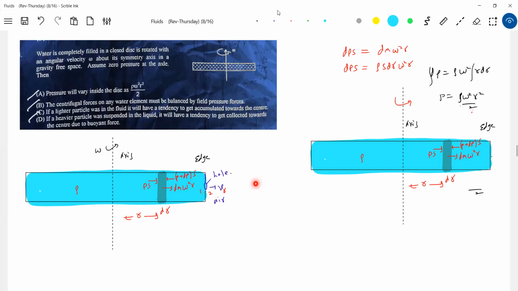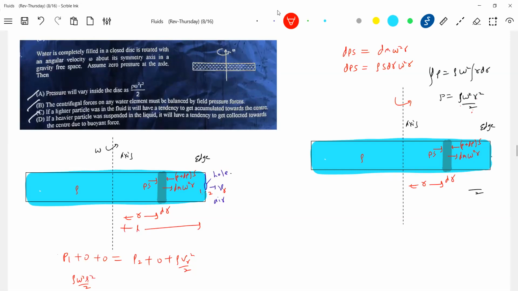Apply Bernoulli's theorem between 1 and 2. So pressure at 1 is 0, it will be a test. The moment I open a hole, pressure at 2 plus 0 plus rho VR square. What is pressure at 1? Rho omega square r square by 2. Let L be the length.